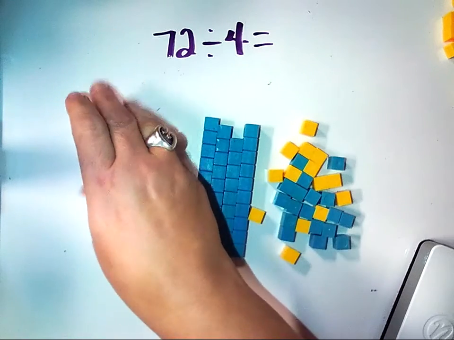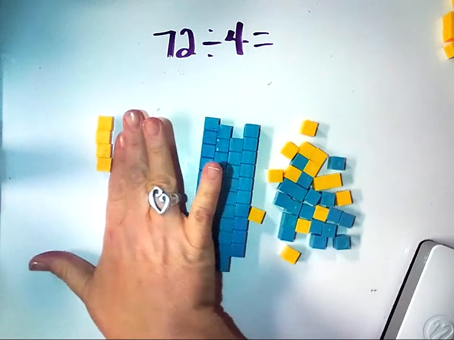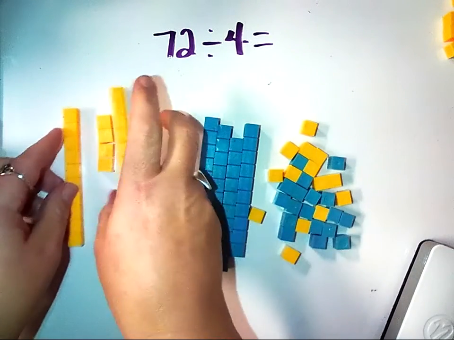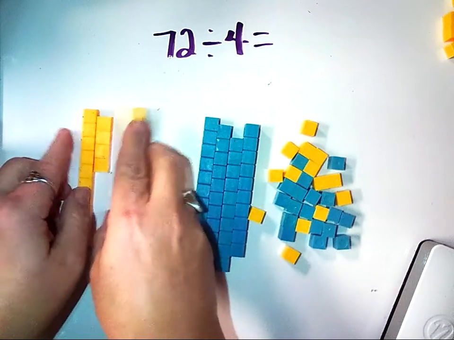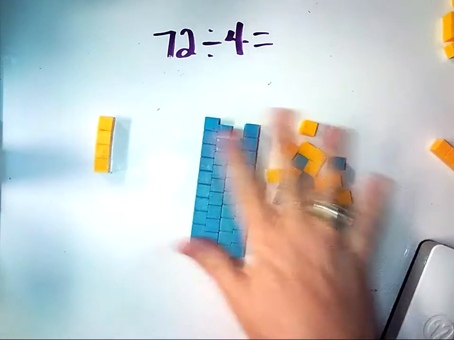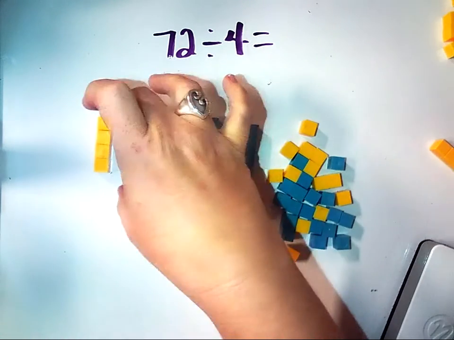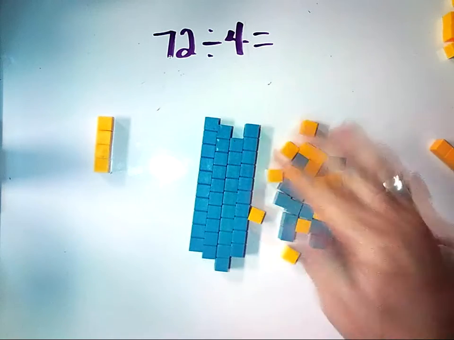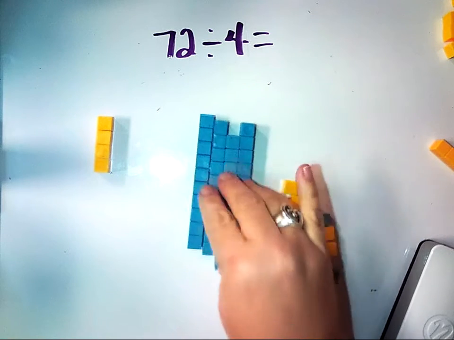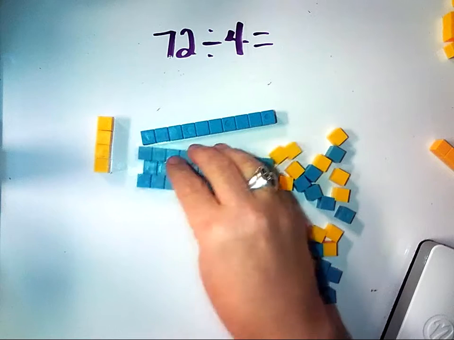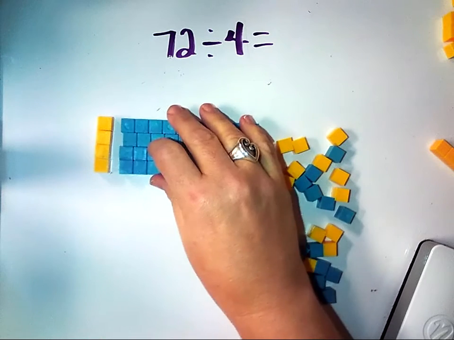Now what we have to do is take our 72, and remember that our area models have to make a rectangle. They have to be that array shape. So we have these 4 here, and we're going to just go ahead and turn them right there.